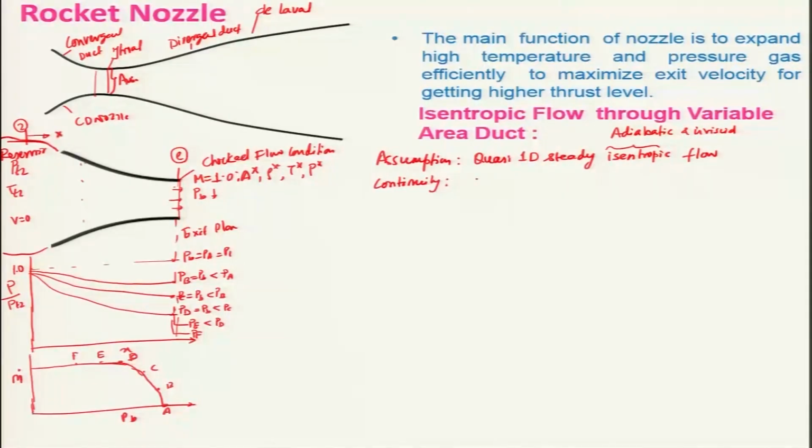At any location, with rho, P, T, and area A, we consider that rho A V is constant.